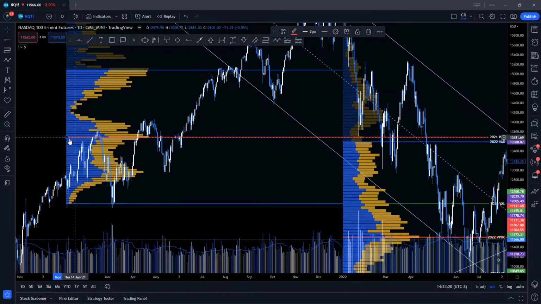so you can see this, our 2020 POC is retested here and here. So it became not a VPOC right here.